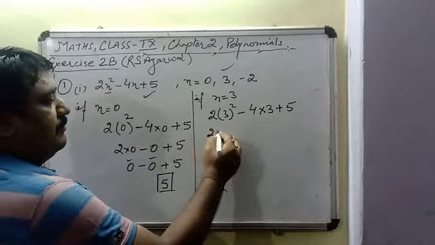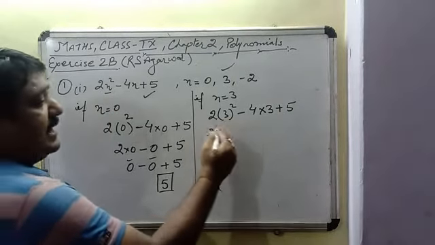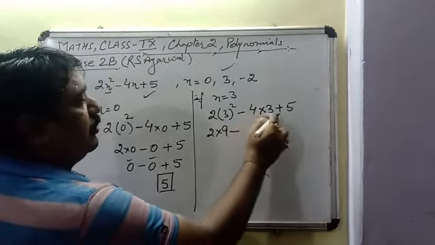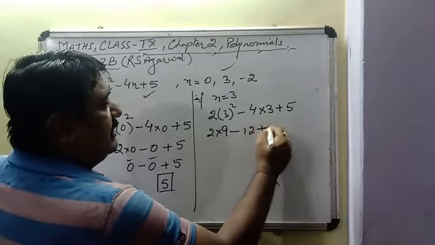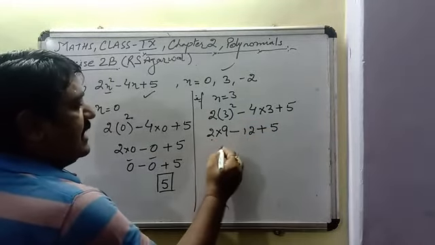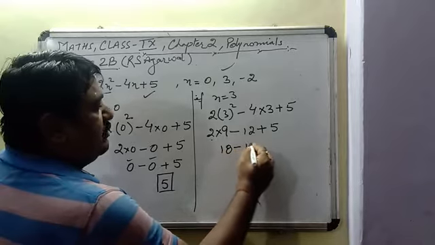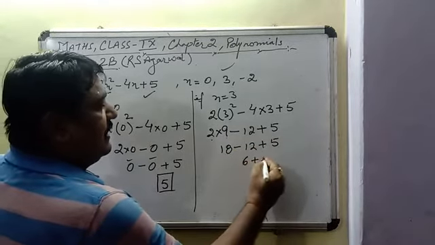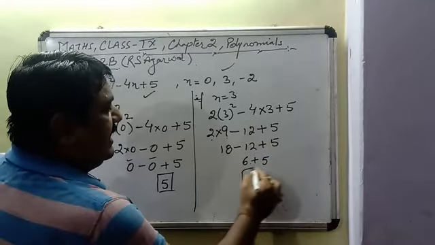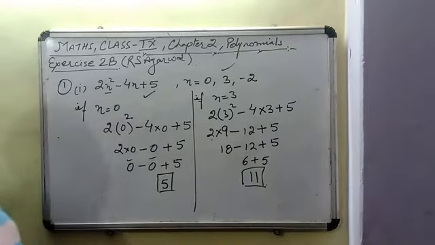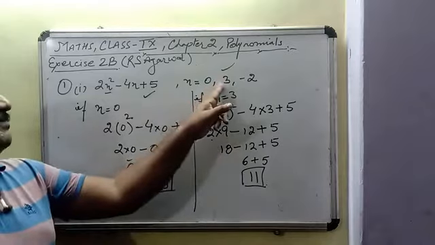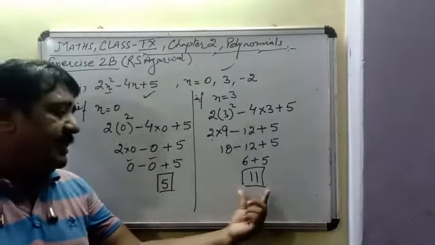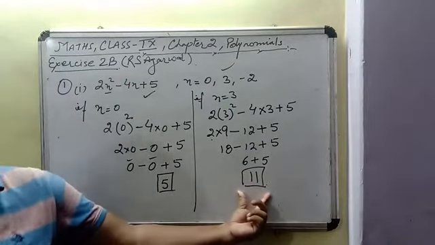This is 2 multiply 3 square is 9, minus 4 3s are 12, plus 5. This is 2 9s are 18 minus 12 plus 5. 18 minus 12 is 6, plus 5. The value is 11. So if we put x equals to 3, the polynomial gives us the total value of 11.